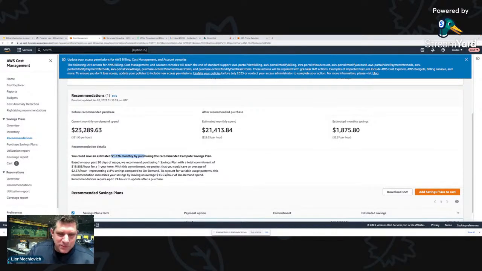It can be hard to swallow, but all of those commitments are based on usage. So again, going back to the core, being able to have this really accurate and drive those recommendations from it.